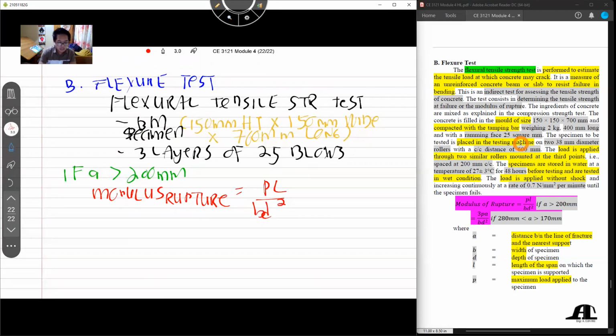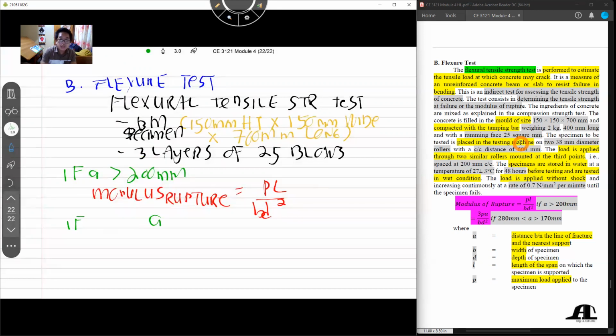Tapos, class, kapag yung A naman natin is greater than 280... mali yung aking class.